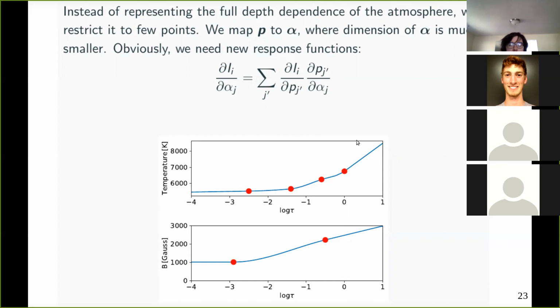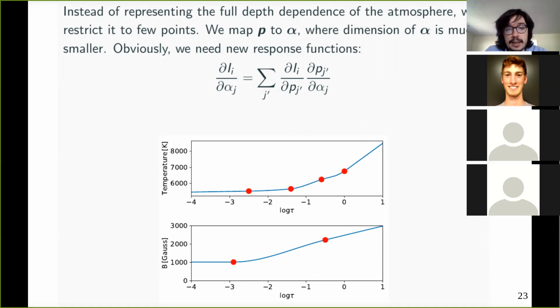If you're not into this, don't feel stressed. It is not obligatory to know, but it helps you understand how the inversion method is devised. Because after that, I'm going to end up with the derivatives of my observable with respect to my model parameters, which are actually nodes. And instead of having hundreds of them, I'm going to have 10, 20, 30 of them. And then I can use more reasonable fitting techniques to infer this.